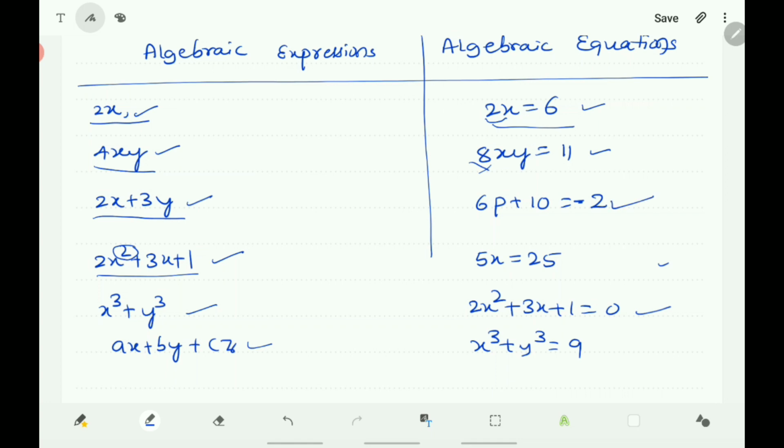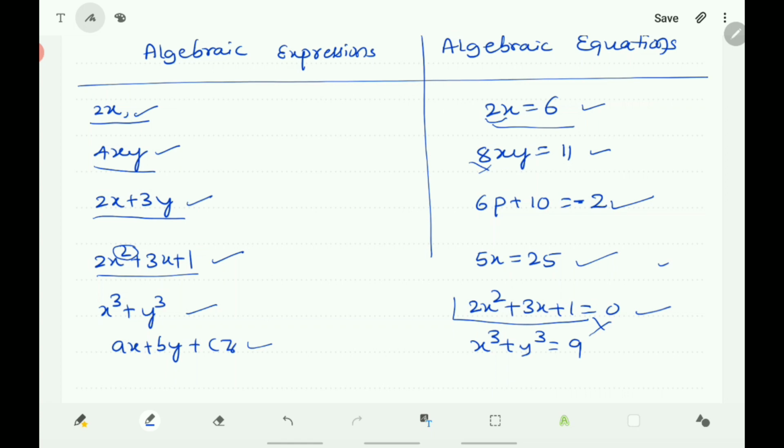Next, you can consider this as an example of a linear equation with one variable. Only one variable p is there and its highest power is 1. And also you can consider 5x equals 25 as a linear equation with one variable, and these two. Here this is not a linear equation.